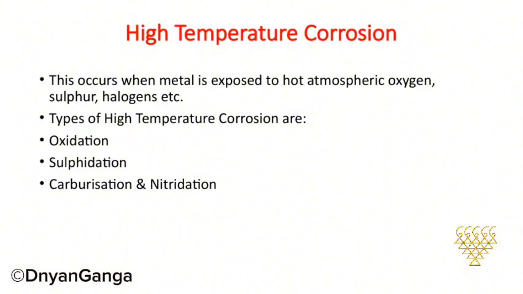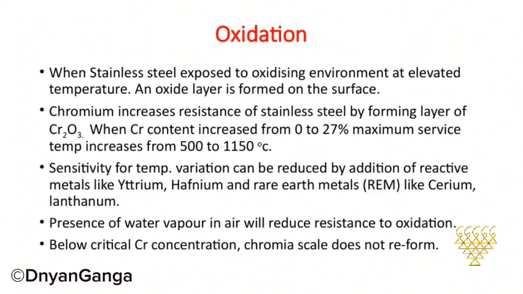When stainless steel is exposed to an oxidizing environment at elevated temperatures, an oxide layer forms on its surface. This oxide layer acts as a protective barrier, but its effectiveness depends on its composition. Chromium plays a key role here by forming a layer of Cr2O3, which significantly increases the steel's resistance to oxidation.